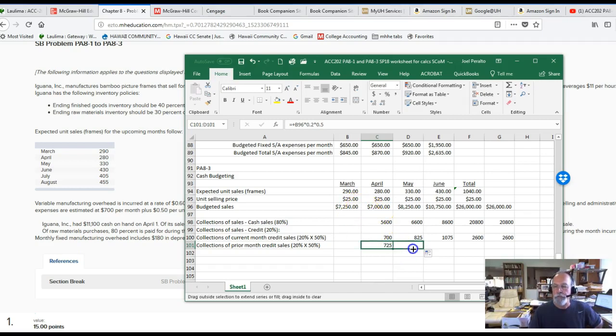Let's see what happens when we calculate that. C96. So in May we're collecting 50% of April credit sales, and in June we're collecting 50% of May credit sales.